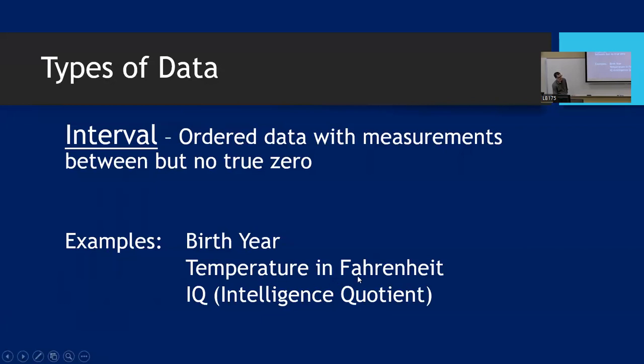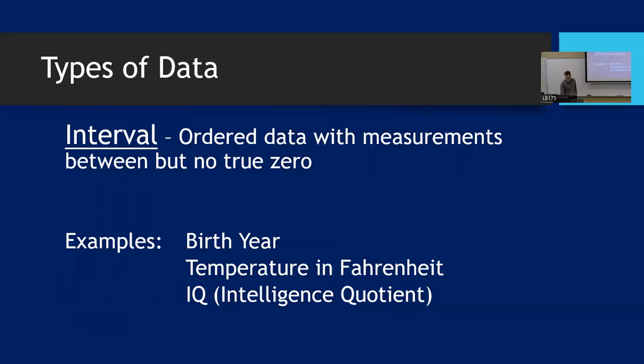Temperature in Fahrenheit is another good one, because you can get the negatives, right? So we measure temperature, same thing with Celsius. Celsius can go negative too, but if I'm talking about temperature in Fahrenheit or temperature in anything, there's no true zero. All right, IQ is that way as well.